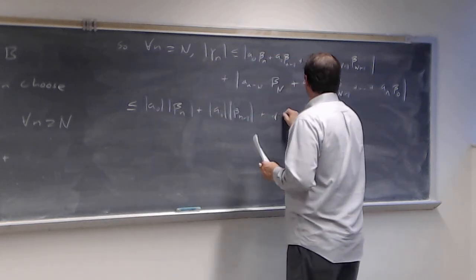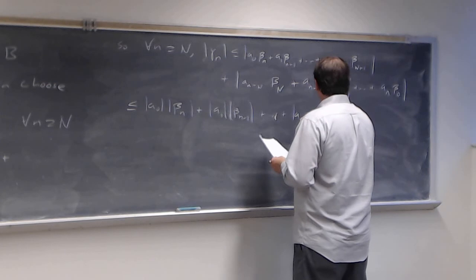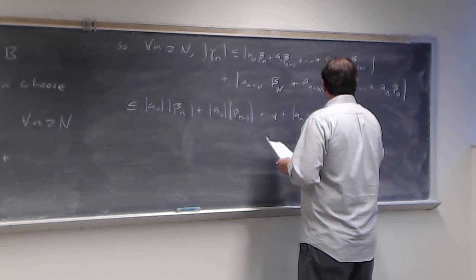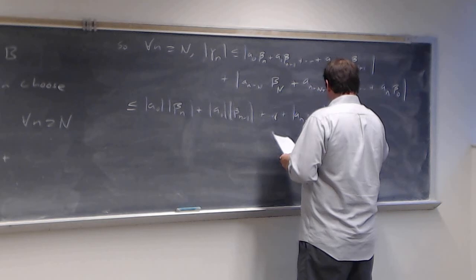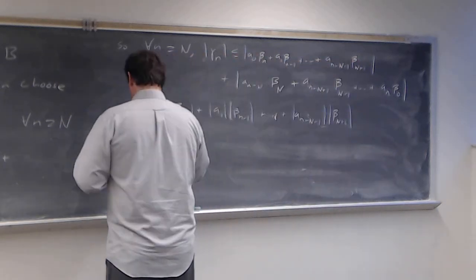plus all the way up to the norm of a sub little n minus big N minus 1 times the norm of beta sub big N plus 1, plus this guy, which I'm just going to write down as is.